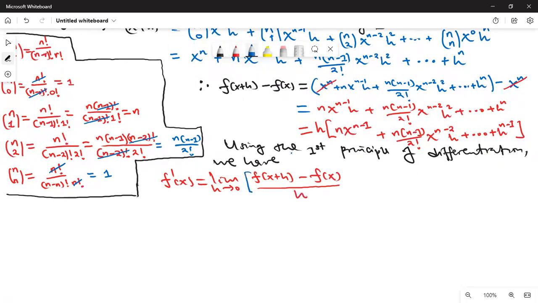Now we know the numerator has a factor h, so when we substitute, that will be the limit as h approaches 0.